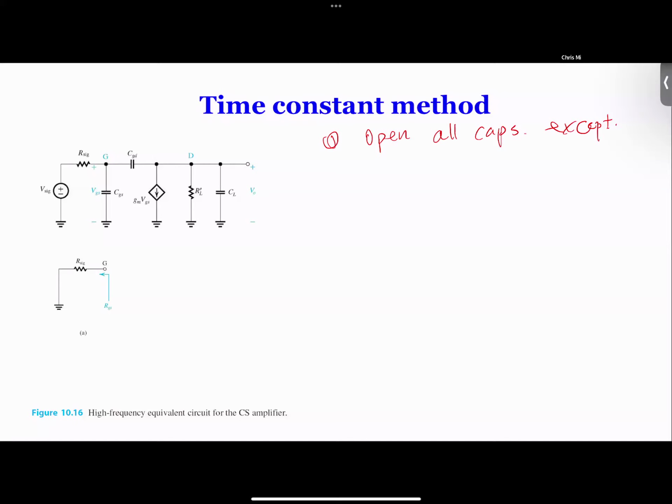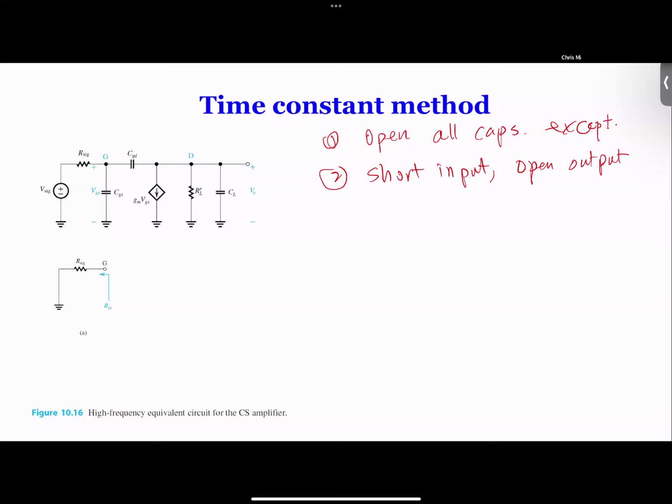So when you find a time constant, let's say for CGS, you would open CGD, you would open CL. And also, secondly, short the input. Of course, you would open the output. I mean, open output means, in this case, we already have RL, we considered it, so there's nothing else after this node. So it doesn't mean we open RL. RL is still there. We're not opening it.